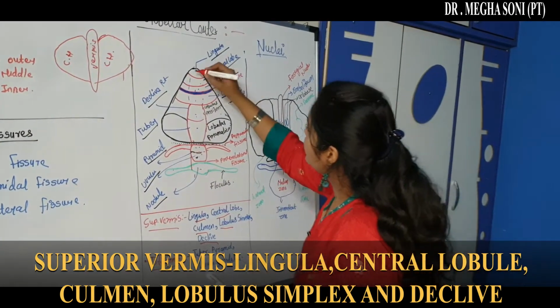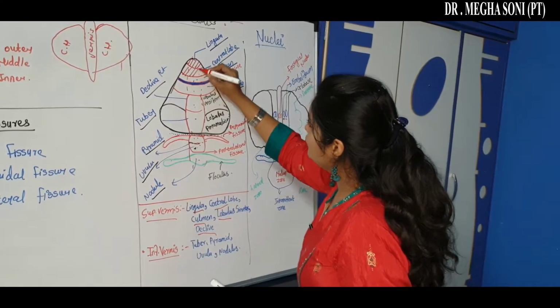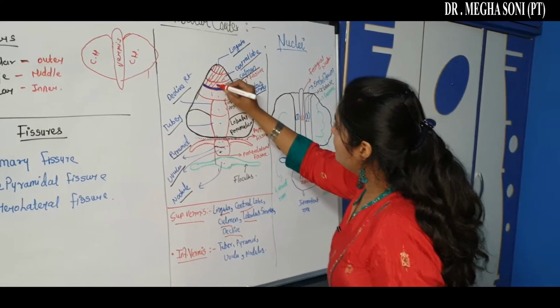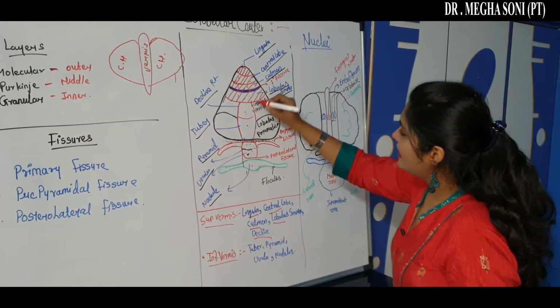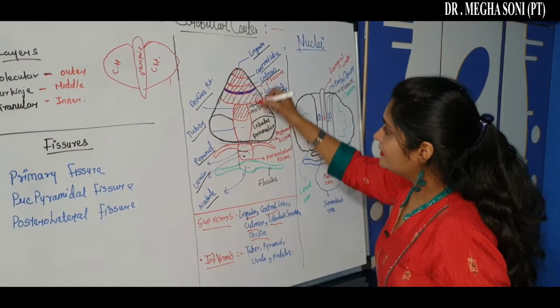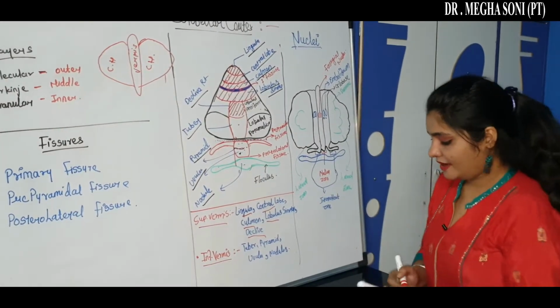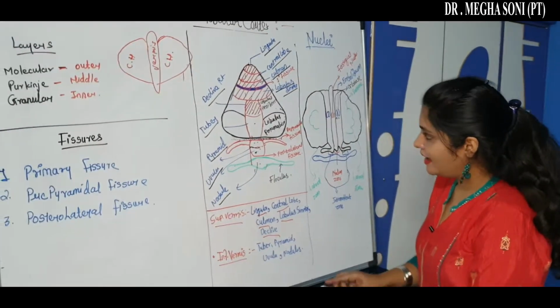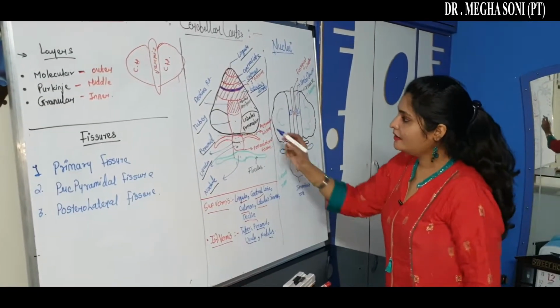Let me highlight it. This is lingula, then central lobule, culmen, lobulus simplex and declive. Okay, so these are the part of superior vermis because they are situated superiorly.